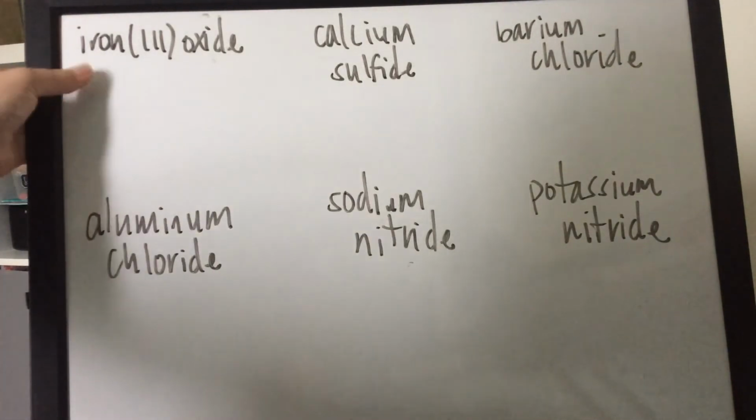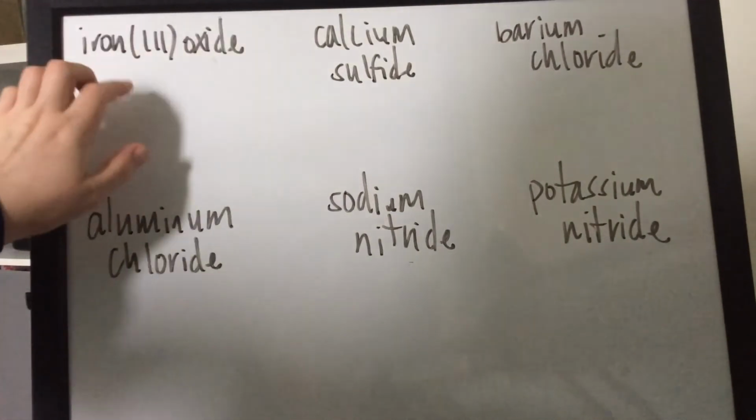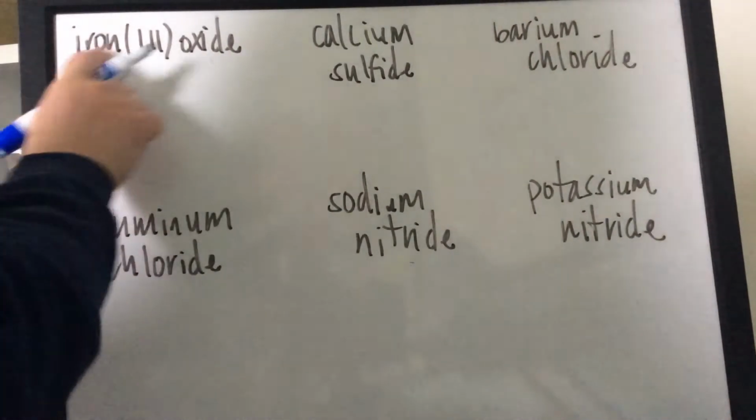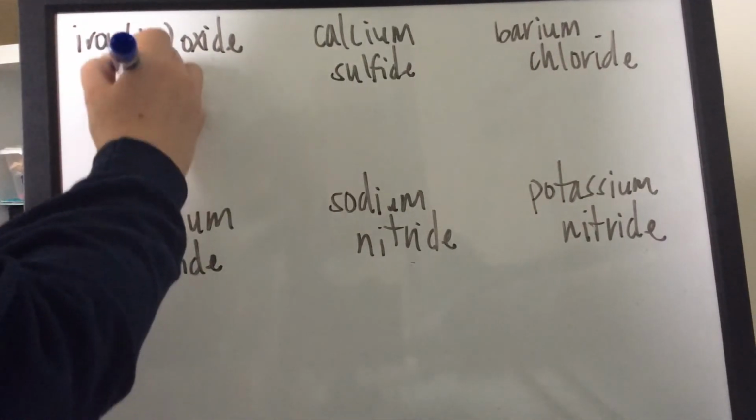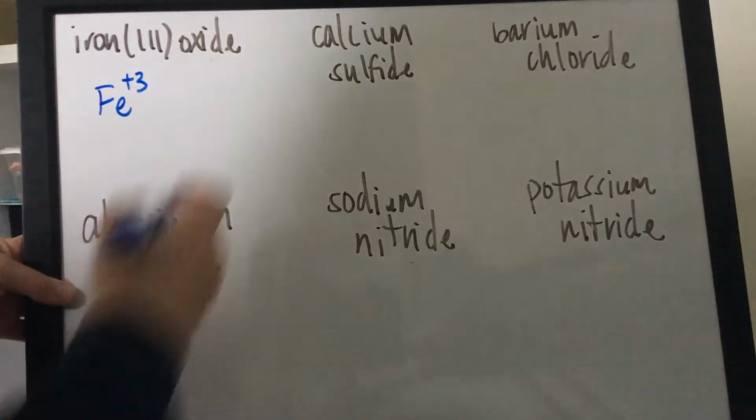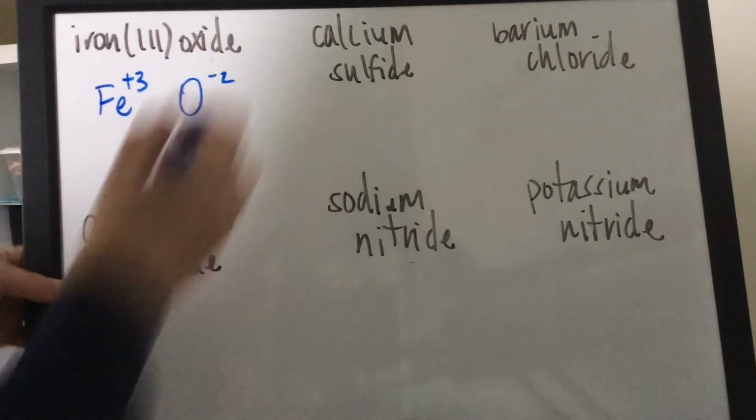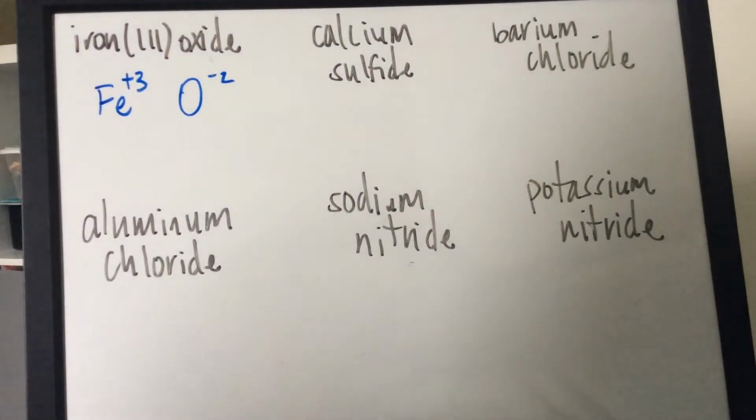So this is actually the hardest one on here. If I look at it, I have iron 3, which means it's iron +3, and oxide is oxygen -2. And looking at it, you might say, this one's not quite so simple as the other ones were. You think 3 and 2, how am I going to get that to equal out?